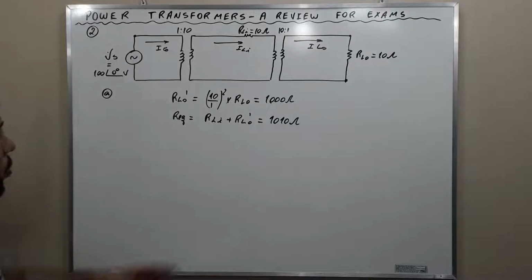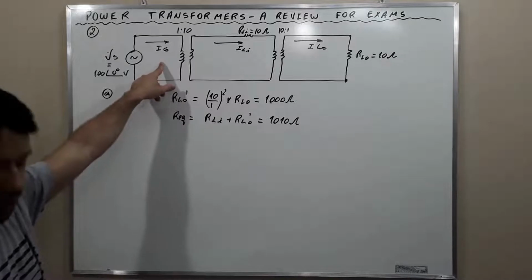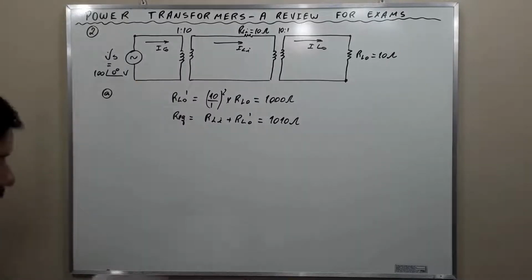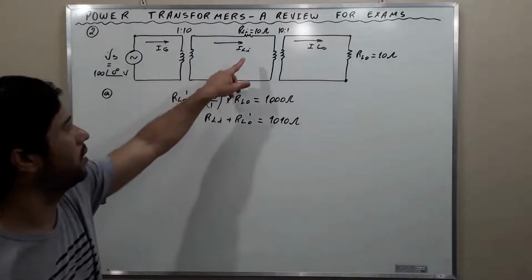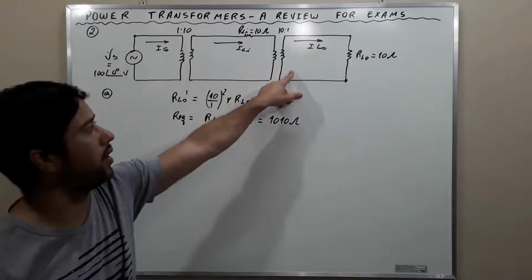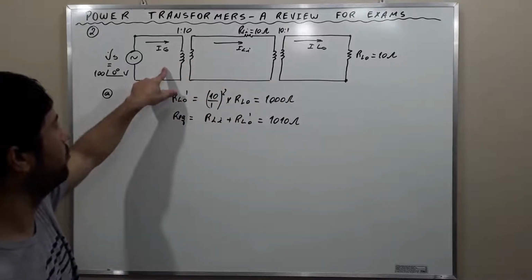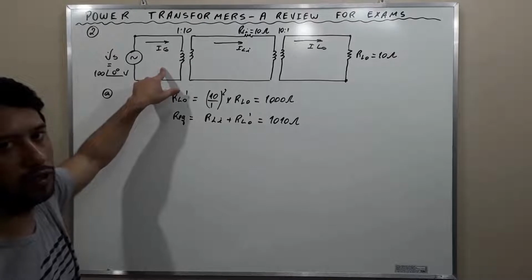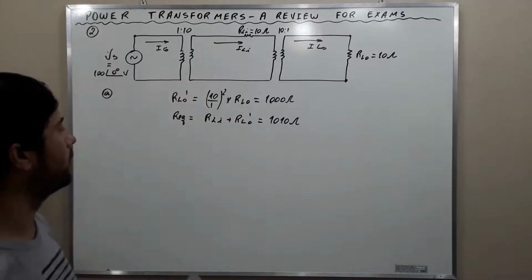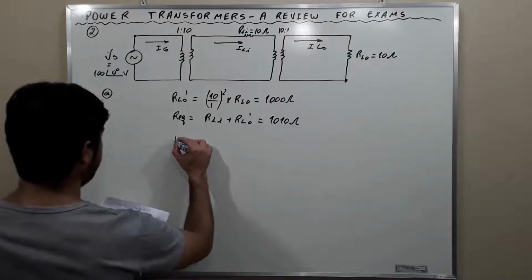To finish, we refer this equivalent resistance to the generator side. Again, we use the turns ratio, but see that the voltage here is larger than the voltage there.